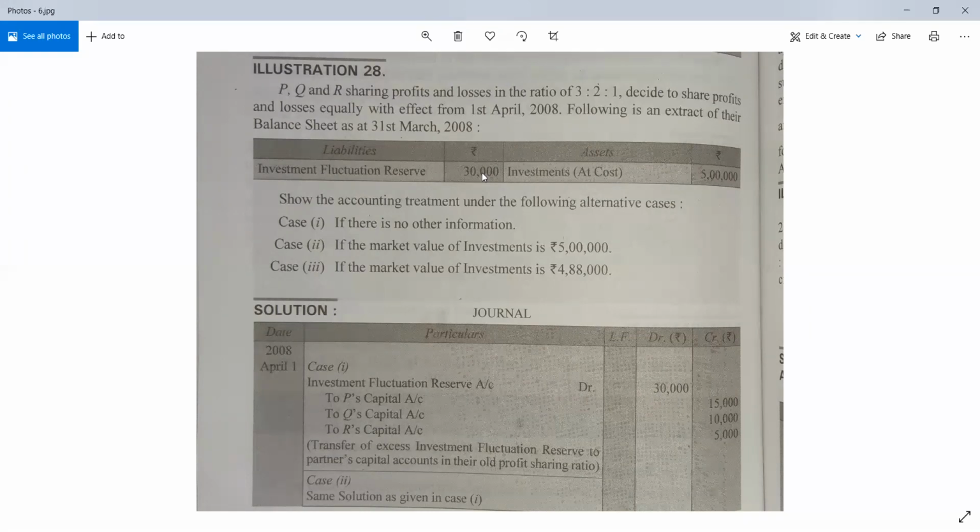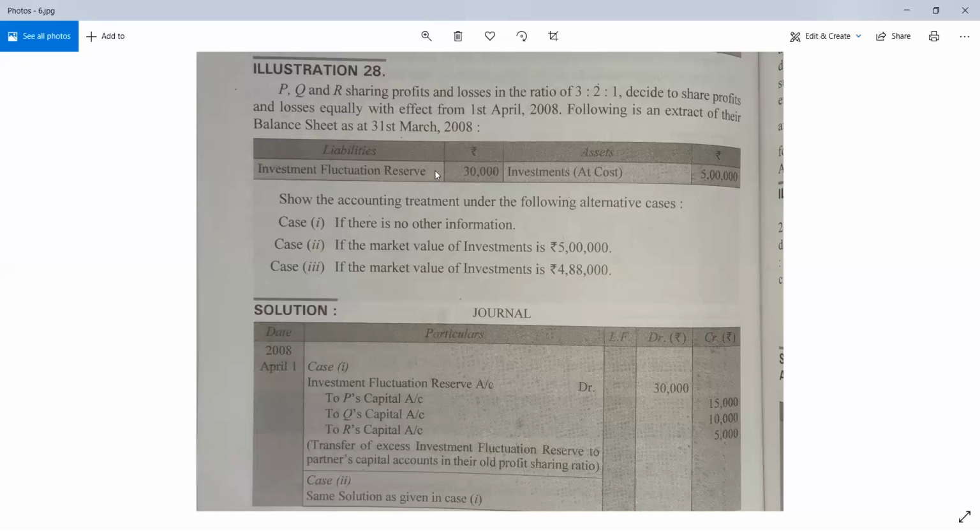Whatever reserve or profit is there, they just take it away, because all these were created out of their own profit, and that profit was to be distributed in the old ratio. There is no other information, so you are going to take the whole 30,000. This 30,000 was kept for fluctuation, and no information means no fluctuation, so it will be taken by the partners.